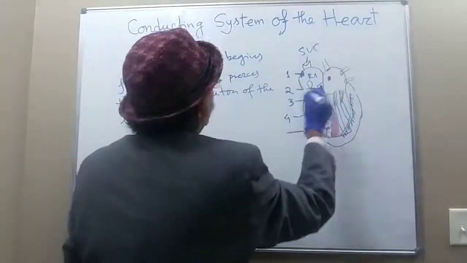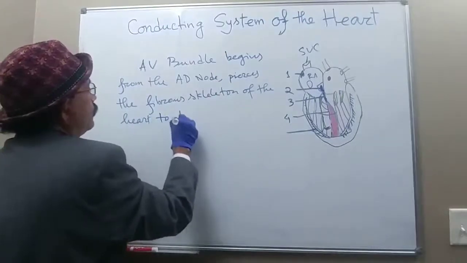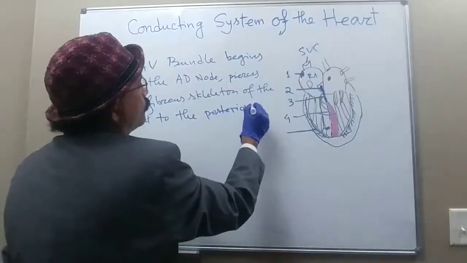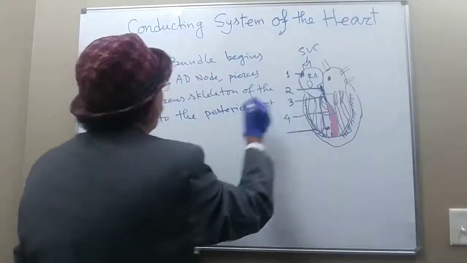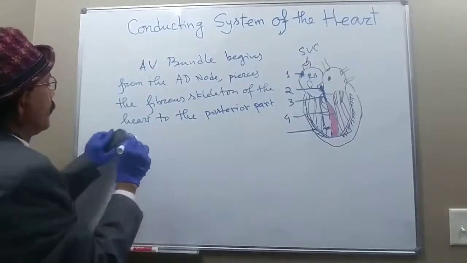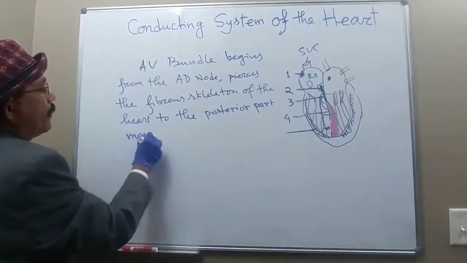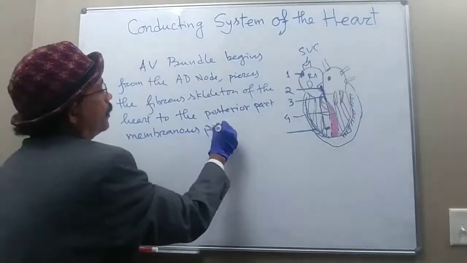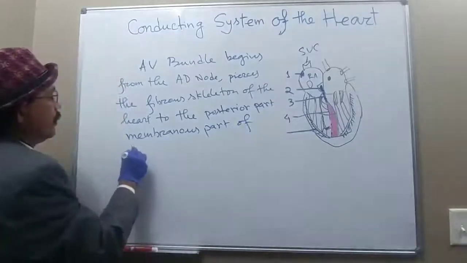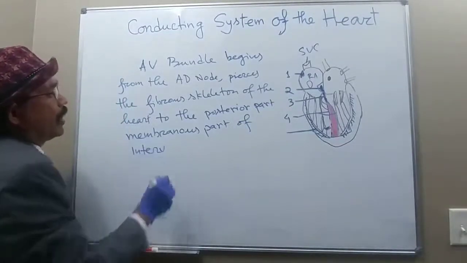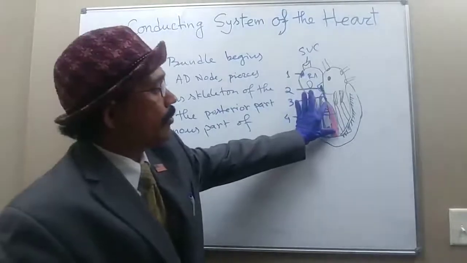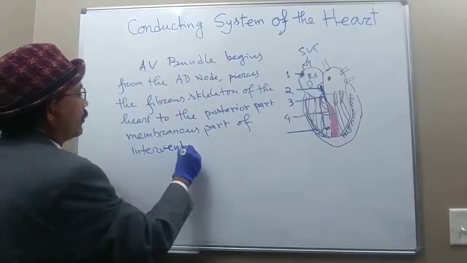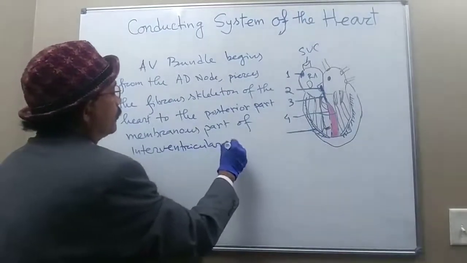It goes to the posterior part of the membranous part of the interventricular septum. Our interventricular septum has two parts. This is the muscular part, this is the membranous part. Okay, we got that.